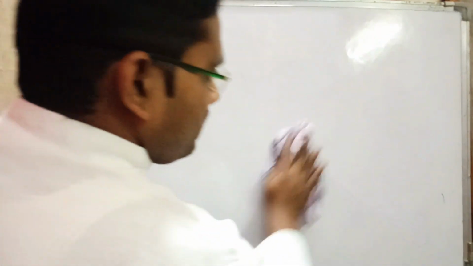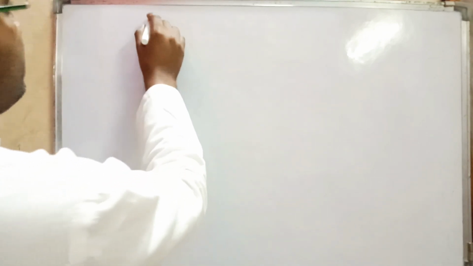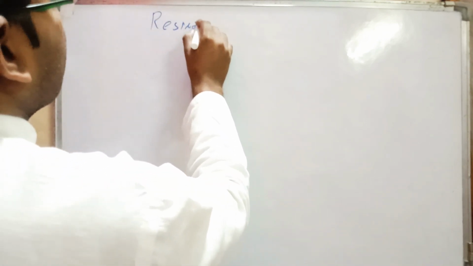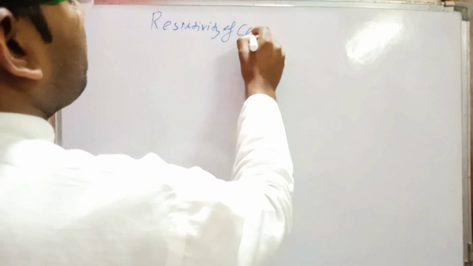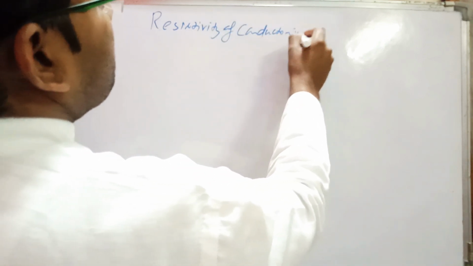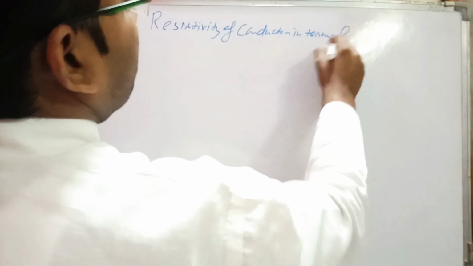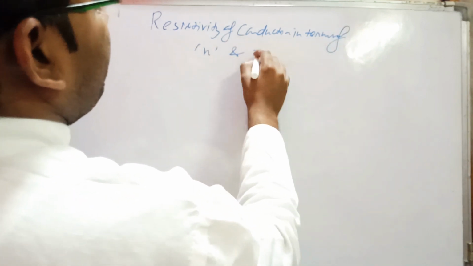Now next topic one is the resistivity of conductor in terms of small n and the tau.